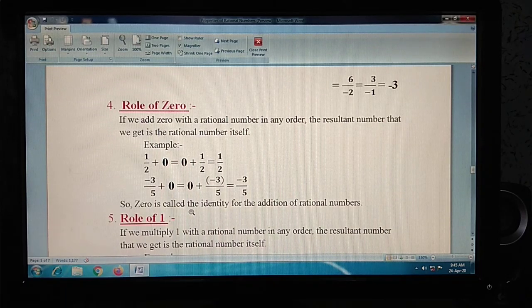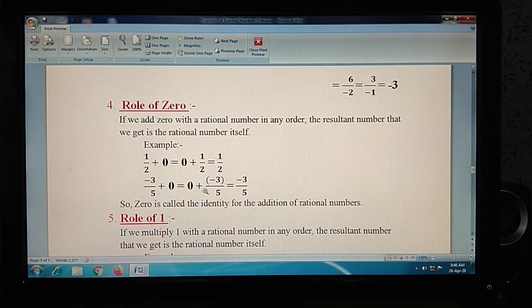Now you might be thinking, is it possible with subtraction? What do you think? The answer will be, definitely not. Because say in this case, if I put a subtraction over here, then what do you think? The answer will be plus 3 by 5.